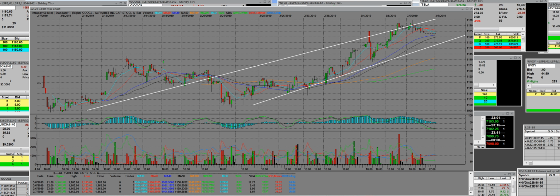On the daily chart on Google, you could see that it hit resistance right there. And it's had a very impressive rally, and it has. But we just hit that wall of resistance, and we're going to make a couple 100% profit. This trend line right here is where we hit December 24th.